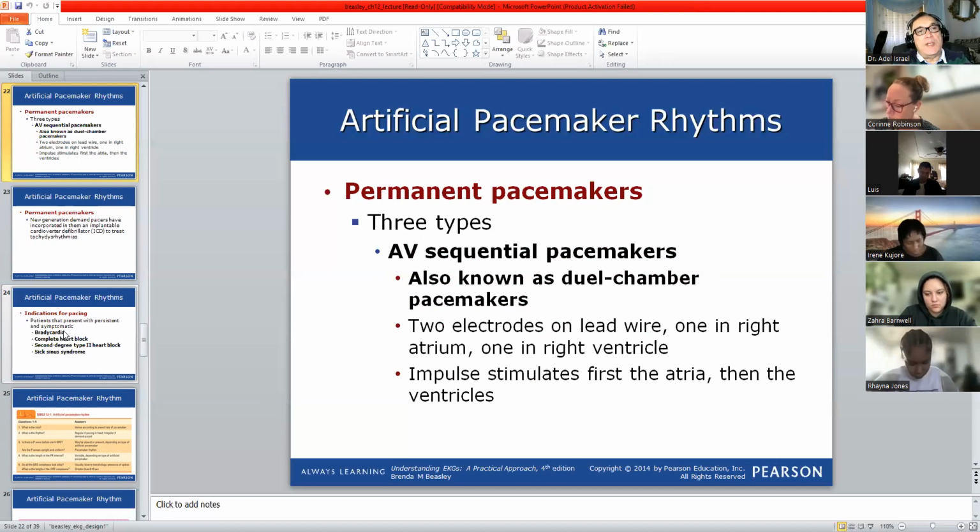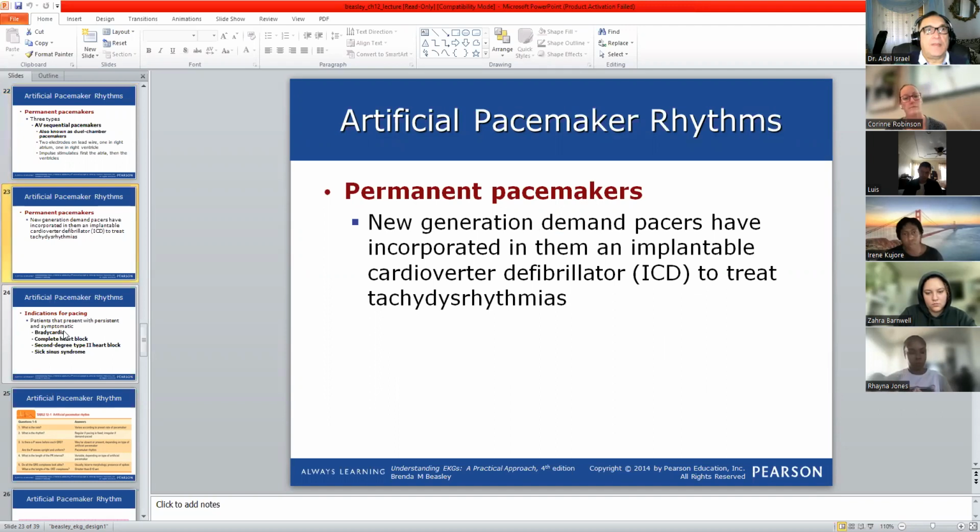Then the impulse will stimulate the atria first, then produce another impulse for the right ventricle. The new generation is like demand, and has very important technology with a special character, like the implanted cardioverter defibrillator.